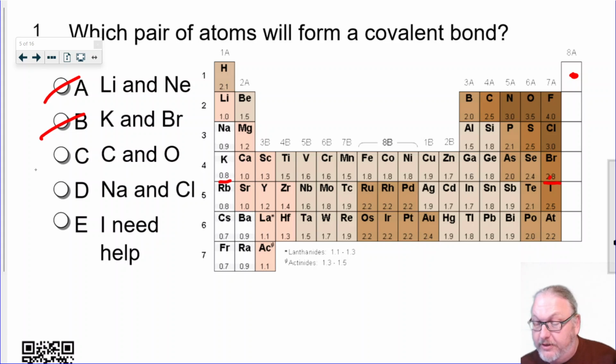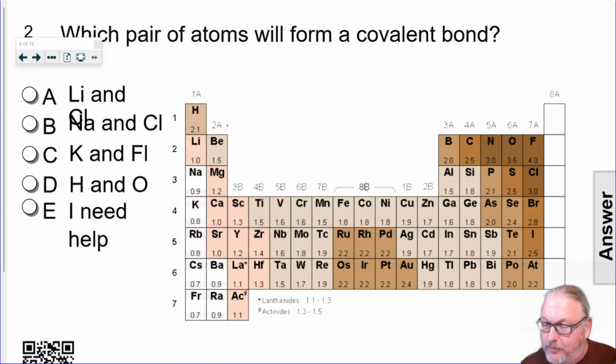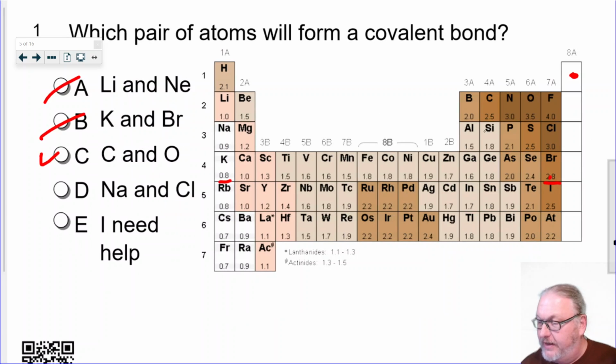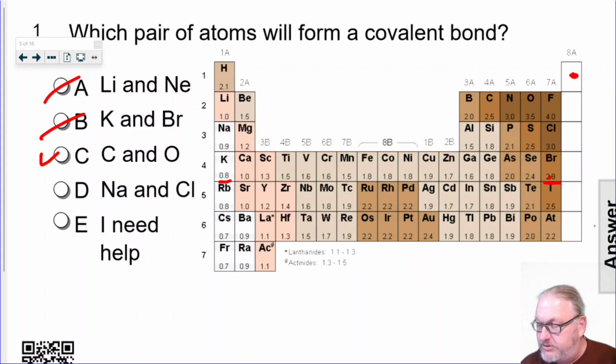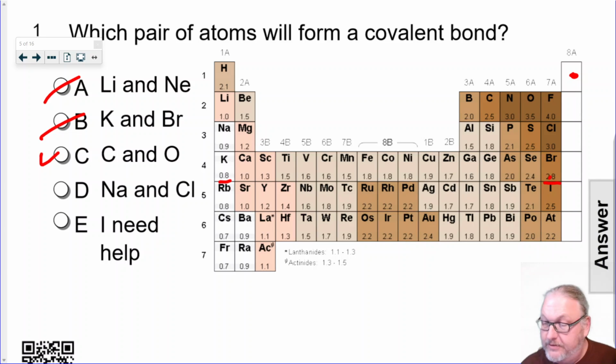That looks pretty good. Put a check on there. And sodium and chlorine, we know that's not going to form a covalent bond. So the answer for that would be C, of course, carbon and oxygen.